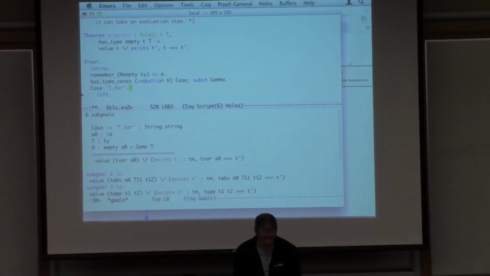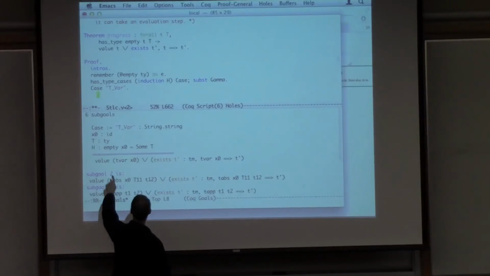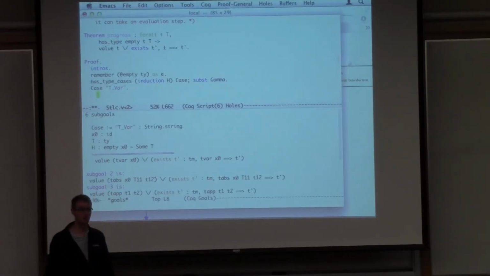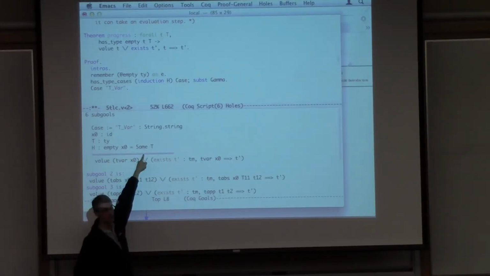Okay, so now we're in the T-var case. Let's go forward. We now have the information that we need to go forward, which is the fact that H is a contradictory assumption. We're assuming that looking up something in the empty context, which is the constant none function, returns some.